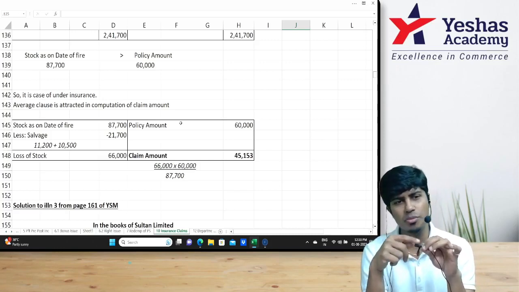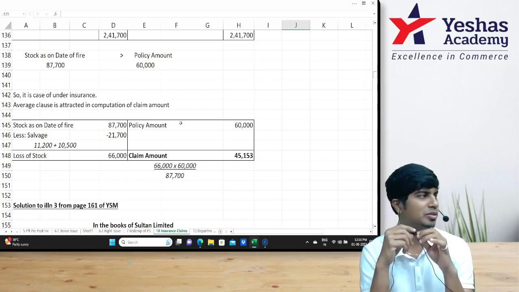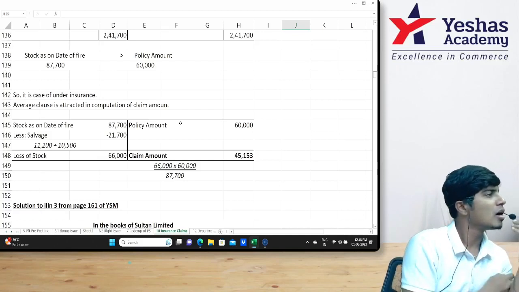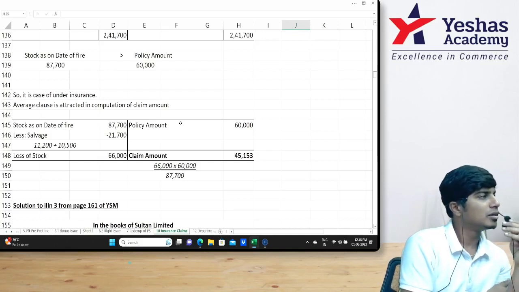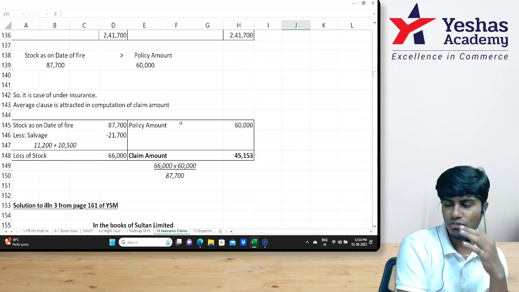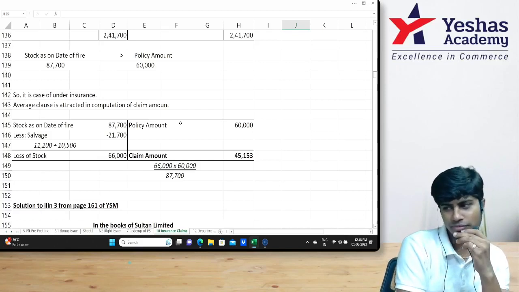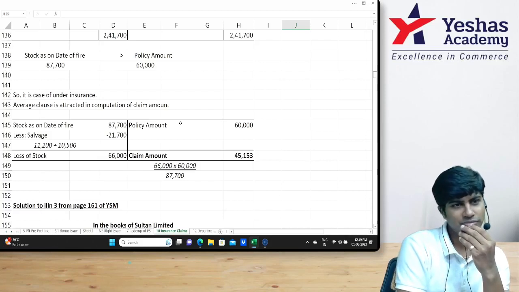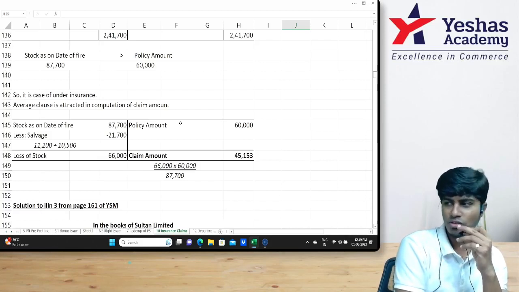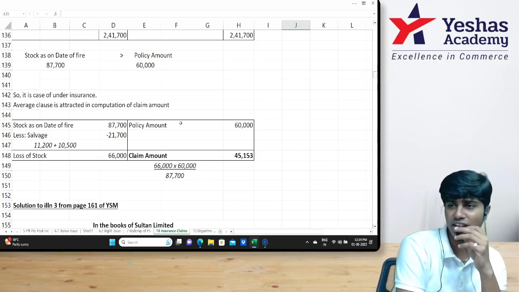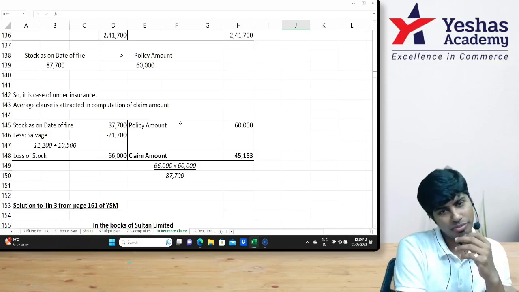Tomorrow second half, if you miss it, then again you would have to mug up steps to solve the problems. Tomorrow second half, don't miss. First half we'll do problems on this. If you miss loss of stock, go in the second half. If you miss loss of profit, go in the next. If you miss both days, morning first half and second half, then insurance claims chapter, go in the next.